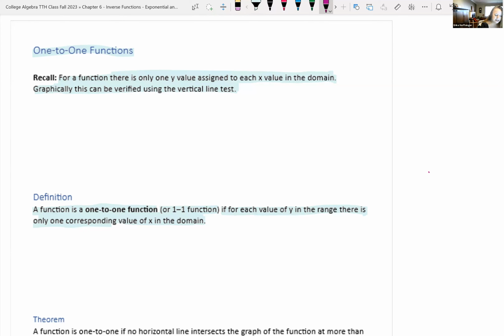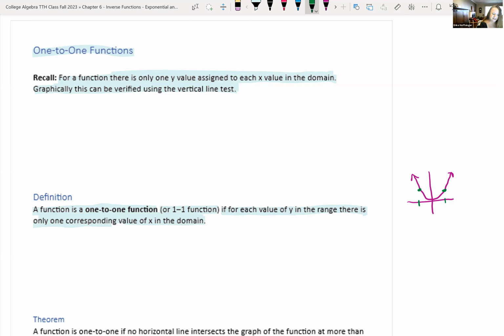In mathematics, sometimes we take functions that are not one-to-one and we can make them one-to-one. For instance, a parabola is a function because it passes the vertical line test, but there are multiple values of x giving me the same y value, so it is not one-to-one.